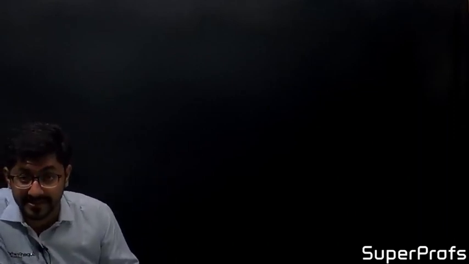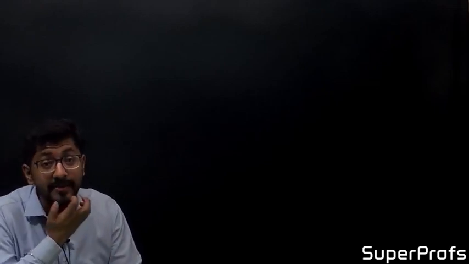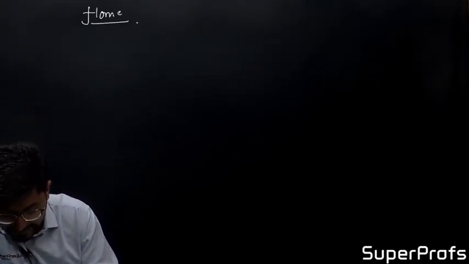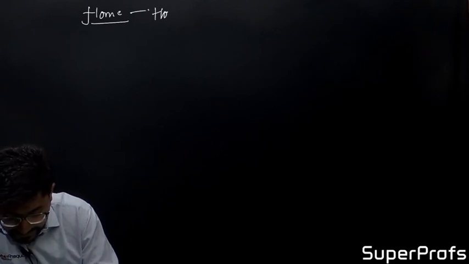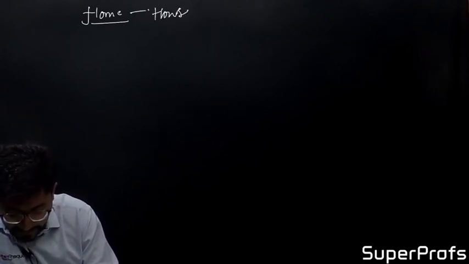Students, if I ask you whether your home is an organization, can we call your home an organization? First of all, we have to look at some elements which form an organization. So the first question from my side: whether a home is an organization, whether your house is an organization, because activities are also going on in your house.